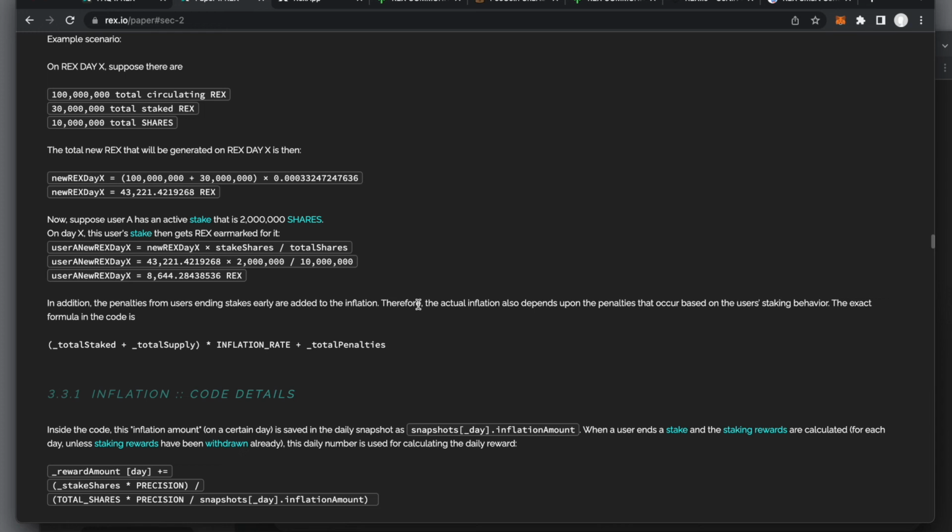And that's why the T-Rex is important, and it's important to understand this very basic concept that in Rex it's all about your shares, because your shares are the basis of all these calculations. So your shares determine how much money you make, not necessarily just the amount of Rex you have, but the amount of shares you get for that Rex.